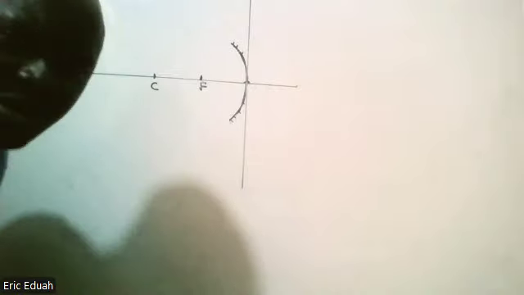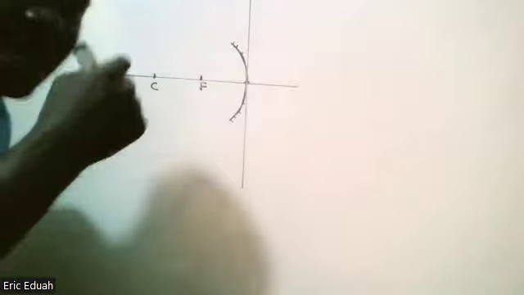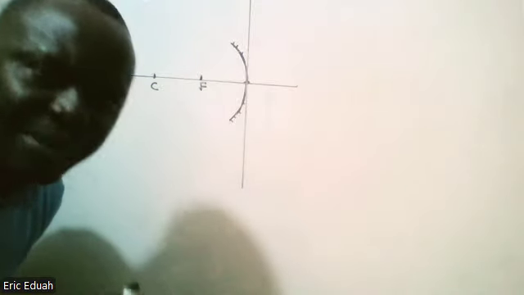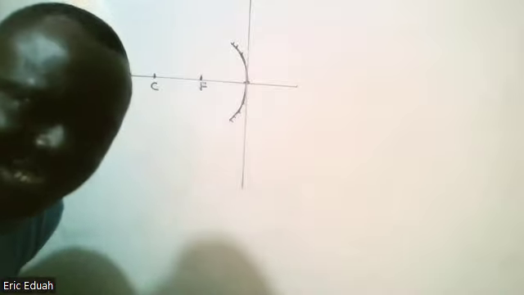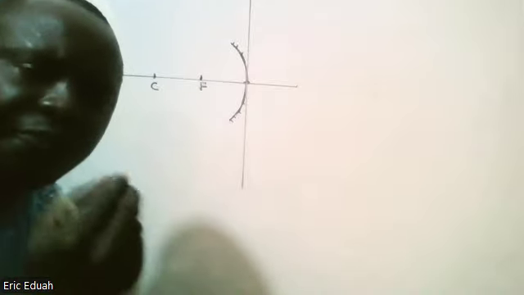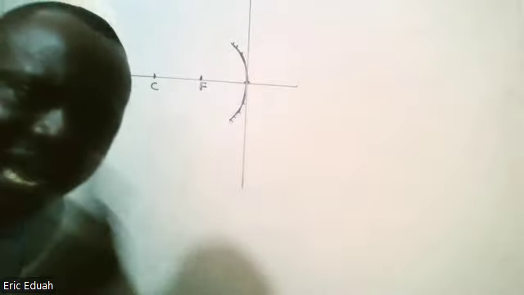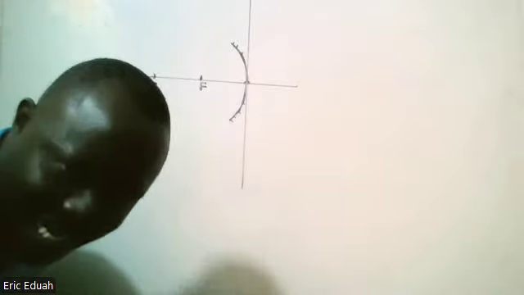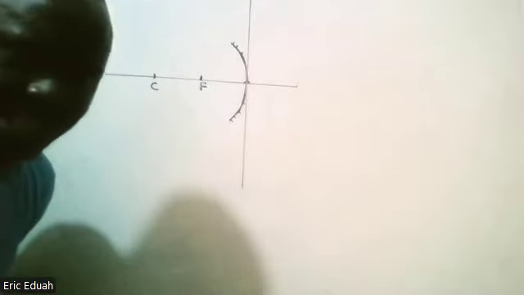But in our ray diagram, how do we indicate that rays are coming from an object at infinity? The indication is that whenever you have two or more incident rays that are going parallel to each other, then the rays are coming from infinity.